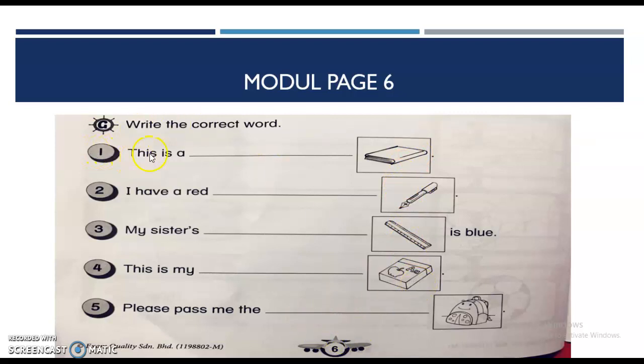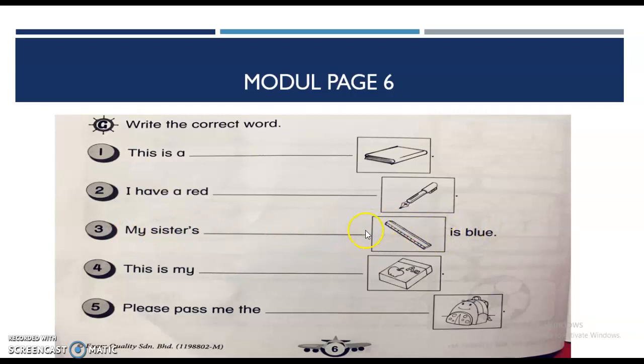Alright, so number one, this is a... Okay, ni gambar apa? Okay, number two, I have a red... Okay, what is this? Number three, my sister's is blue.